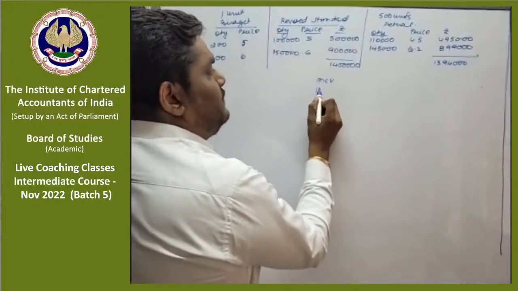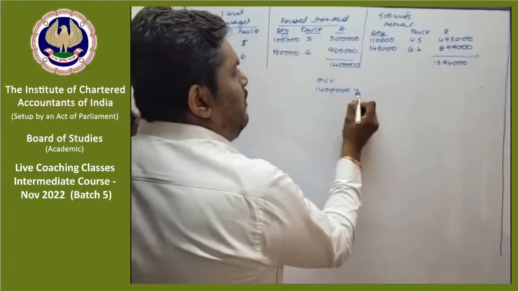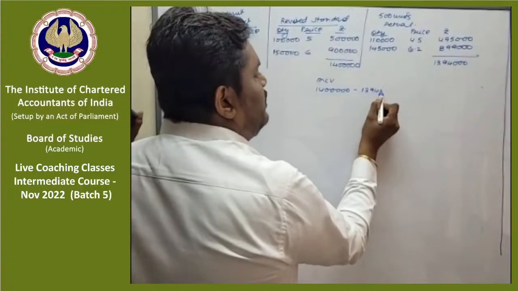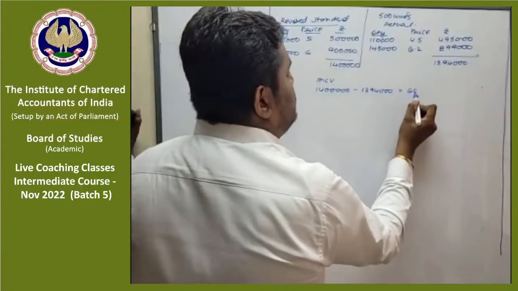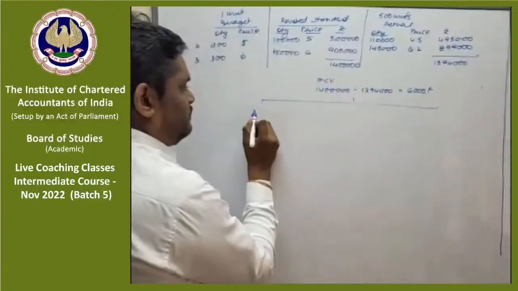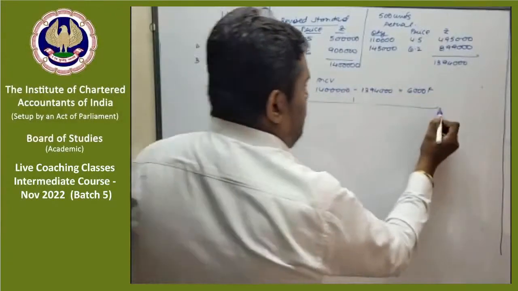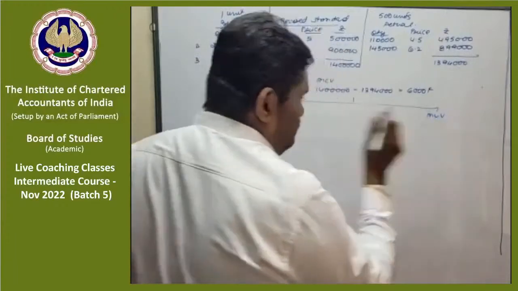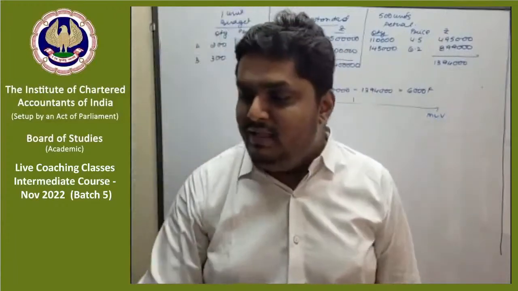So material cost variance will be 14 lakh minus 13 lakh 94,000. That is 6,000 favorable. I am simply writing the final answer.